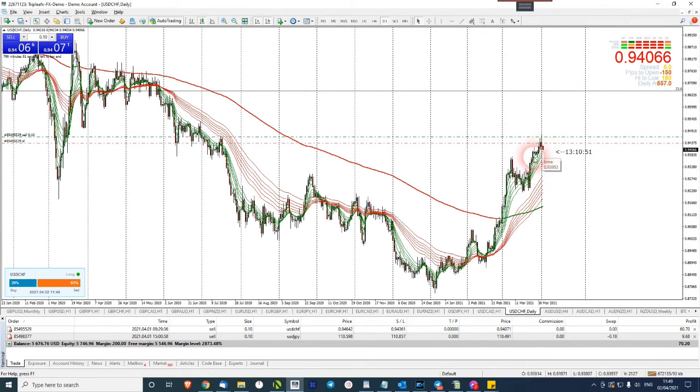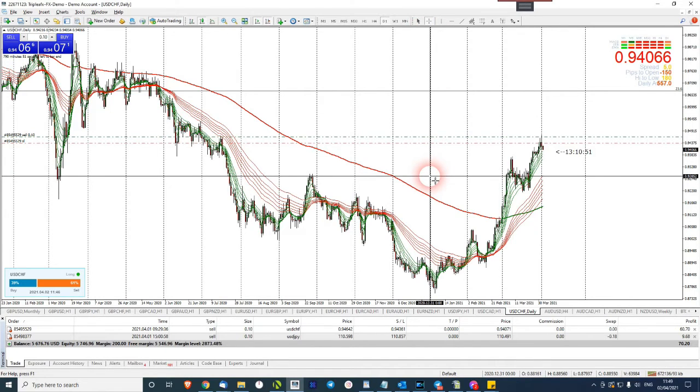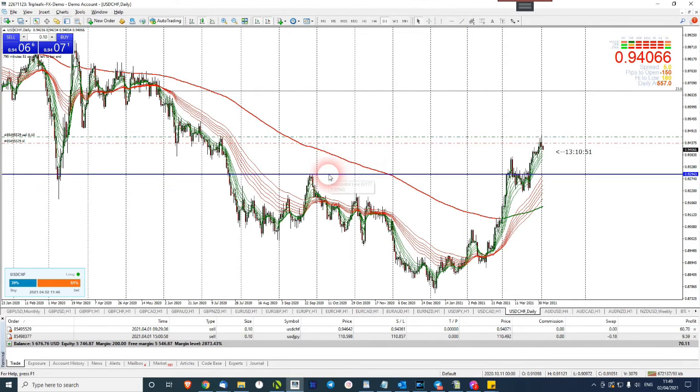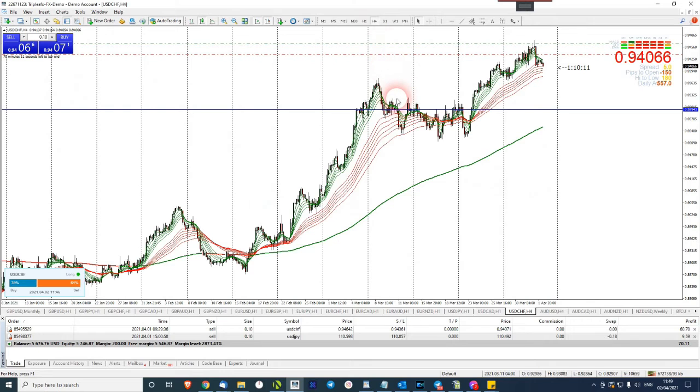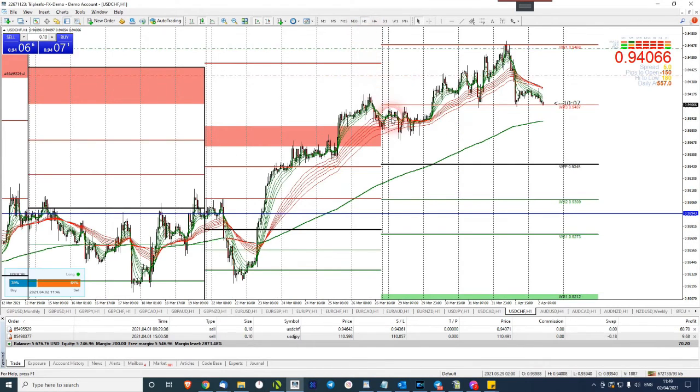More likely is we're going to get a retrace back to this level where there's some strong support. We can put a line in there. So that's where we're looking at over the next few days and few weeks, if it can get past the 200 EMA. So I'll keep watching this trade, and I'll post an update on this trade in due course.